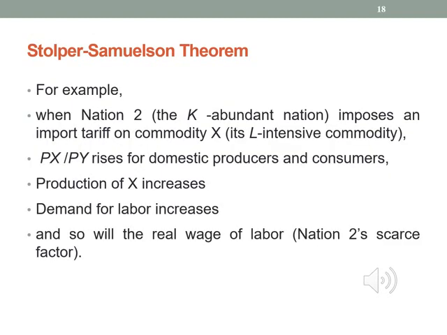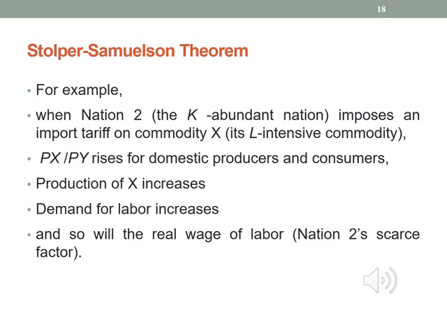Let's see how this would work. How would imposing a tariff on an imported commodity in a certain country lead to an increase in the earnings of the factor of production that is used intensively in the production of this product? Let's start by reminding ourselves of some of the assumptions of the Heckscher-Ohlin theory that we have covered in chapter 5.